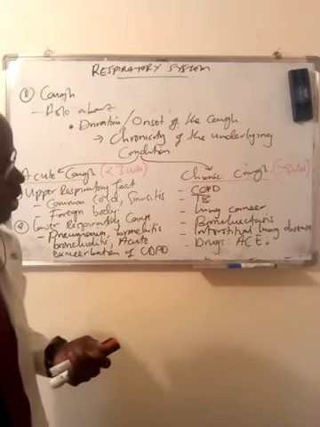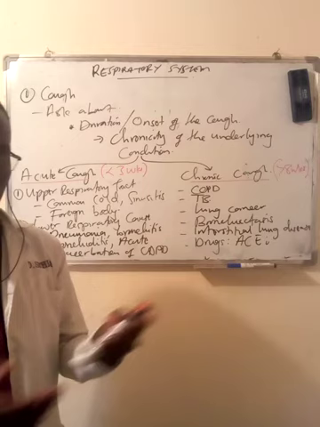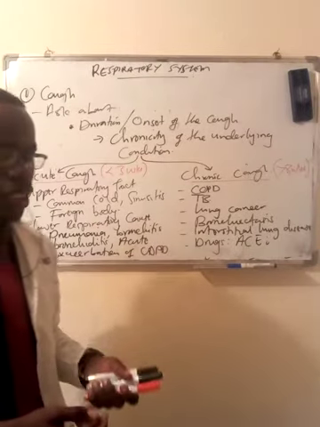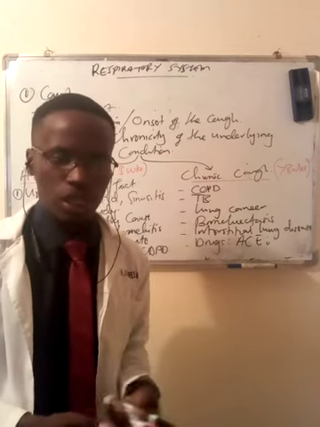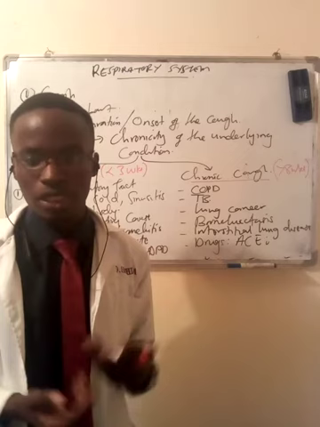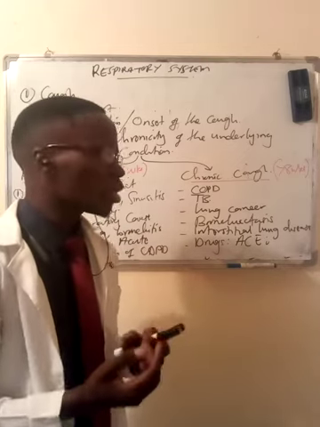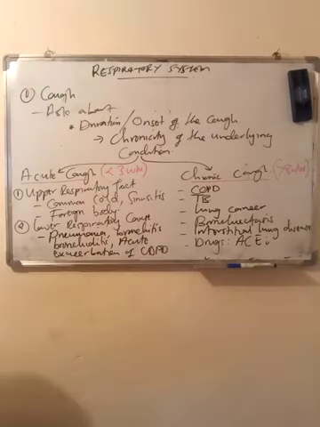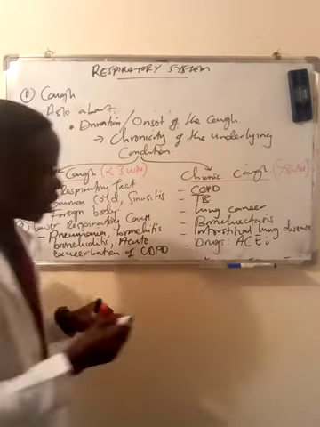So what are we saying? A patient comes with cough, and you ask your patient, how long has the cough been there? When did you start coughing? The answer they give will make you decide whether you are dealing with conditions under acute cough or conditions under chronic cough.